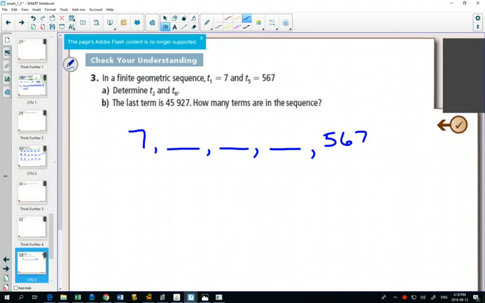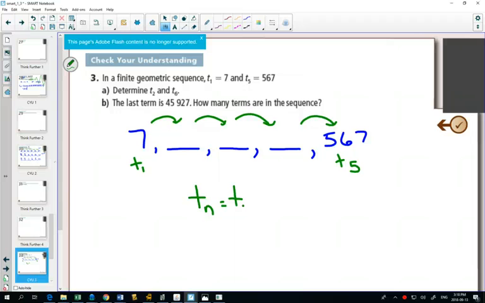We can use our formula to figure this out. We know there's some sort of common ratio that we multiply by each time. We know term 1, and we know term 5. Our formula, Tn equals T1 r to the exponent of n minus 1, we can plug a bunch of information into. What is the thing I don't know?